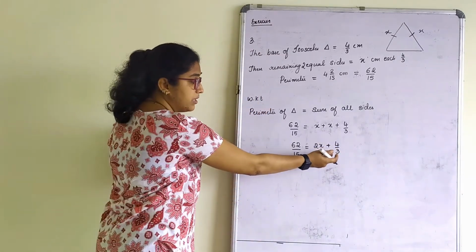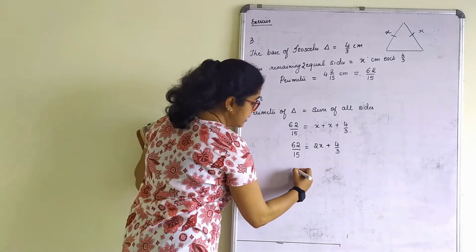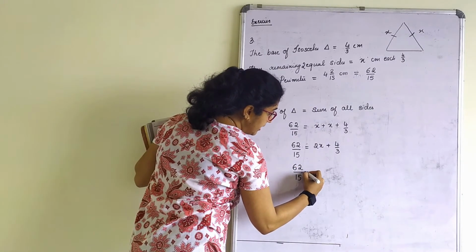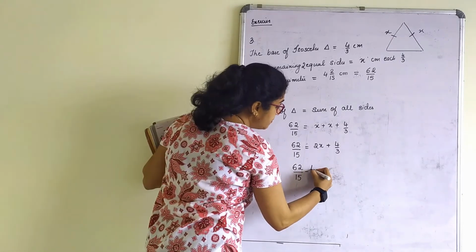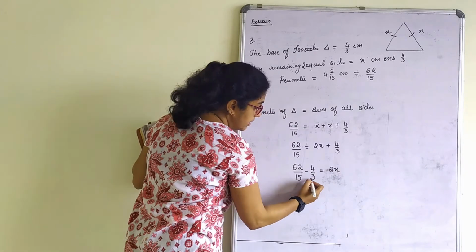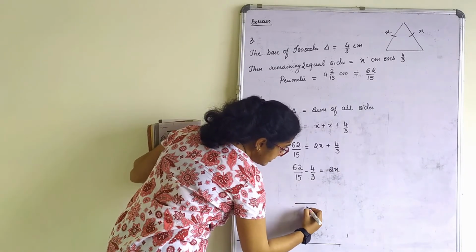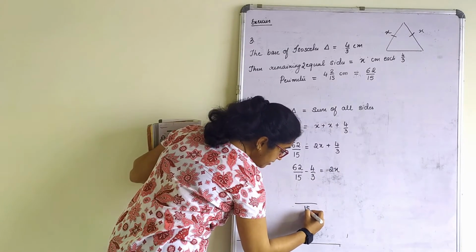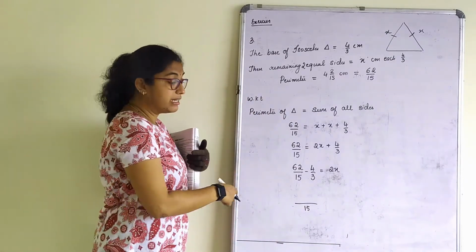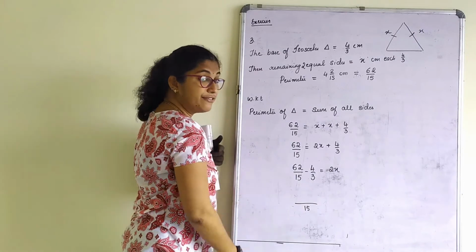Now very simple, we can transpose 4 by 3 this side. 62 by 15 minus 4 by 3 is equal to 2x. Between 15 and 3, LCM is 15. Why is it 15? We know that 15 is a multiple of 3, so we can directly say 15 is the LCM.